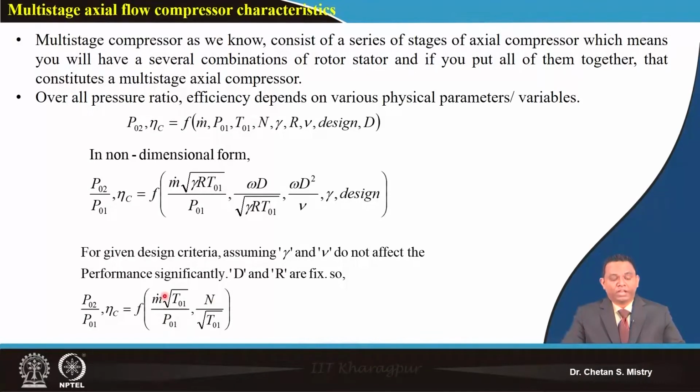If you look at it, my mass flow parameter depends on the mass flow rate, my entry temperature and my entry pressure, and in the same way my rotational speed and my entry temperature. All the performance maps available for particular kinds of compressors or engines define their performance map in this form.